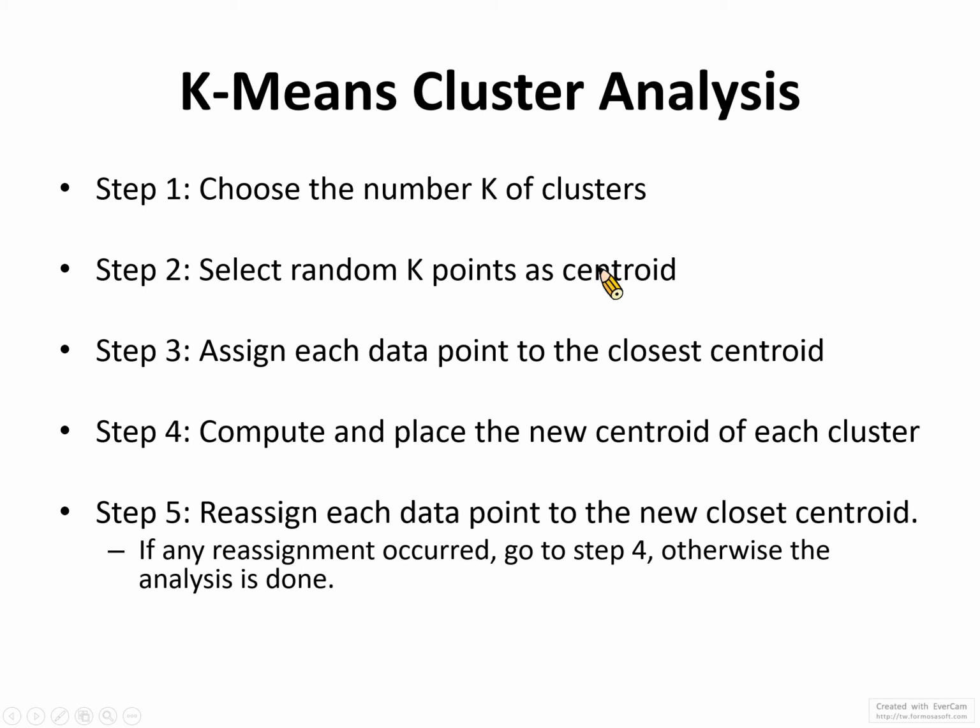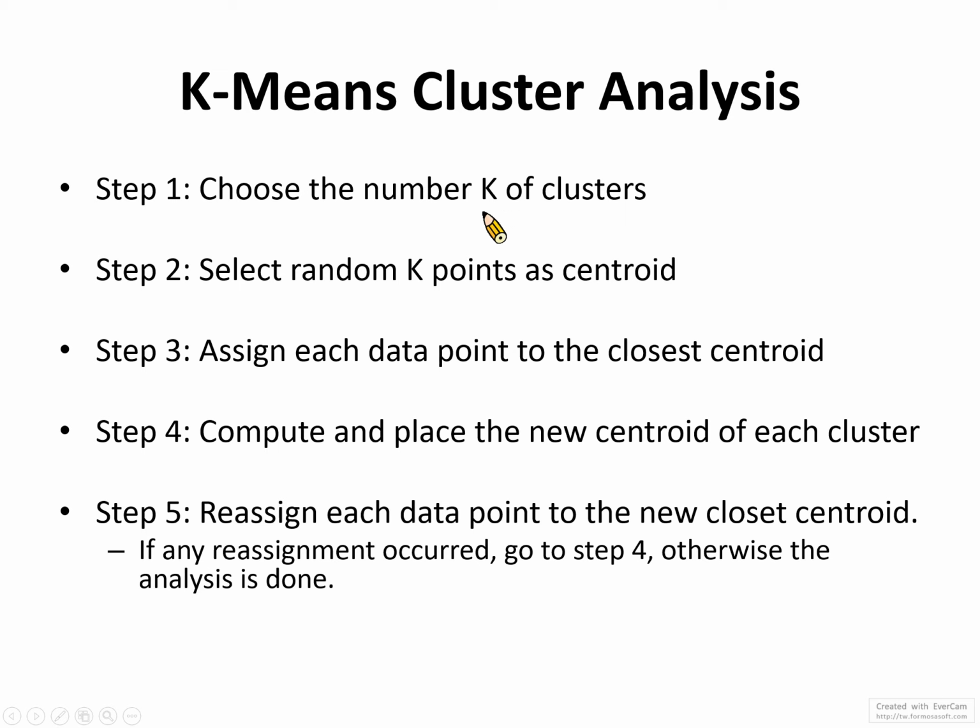So likewise, if we have many data points, then the first thing we need to do is select how many, the k points, then we put them on this data space.